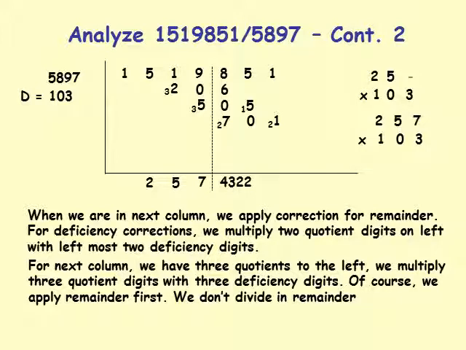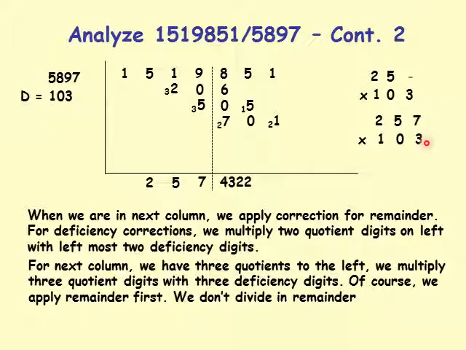So let's set up the problem again here. For this column, one column after the dividing line, we have 257 in the quotient and 103 in the deficiency. So we multiply them all out.